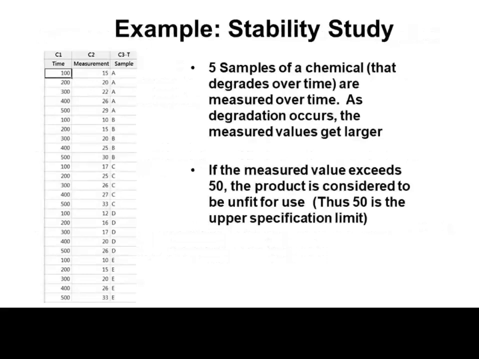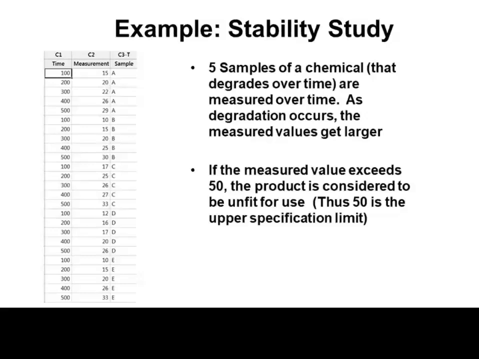I've got some measurement data here in a column. It's some chemical parameter that measures degradation of some sort, or that's changing over time. And I've got a bunch of different samples, maybe this represents different batches.